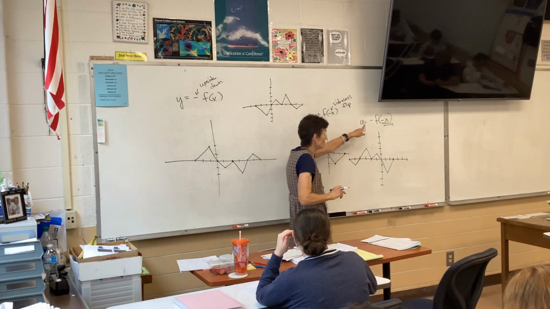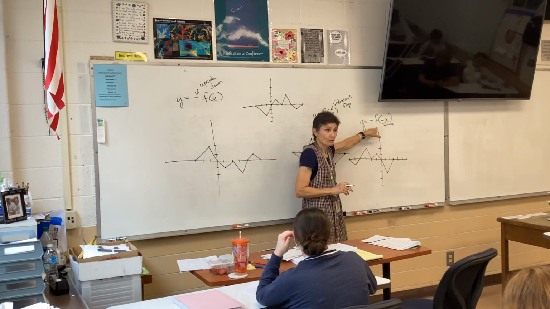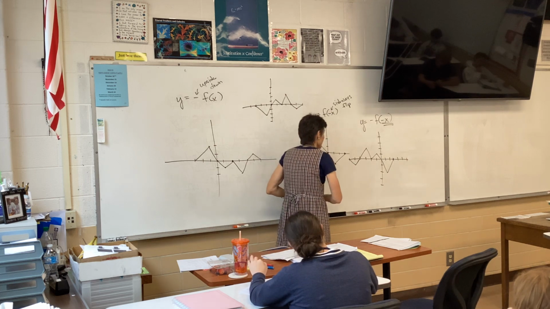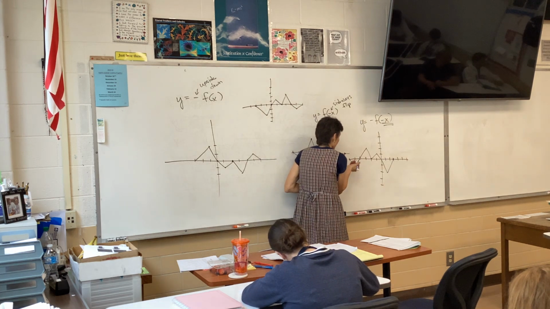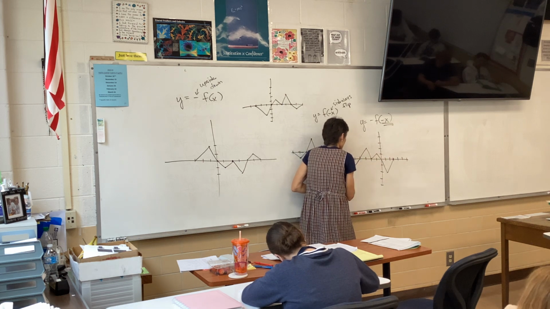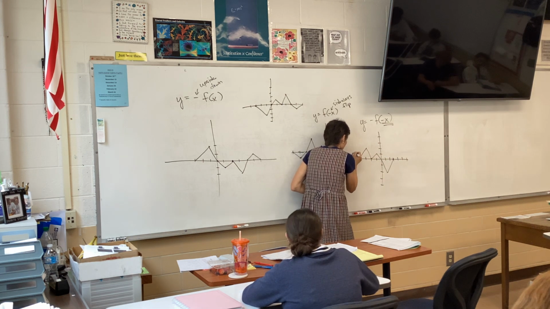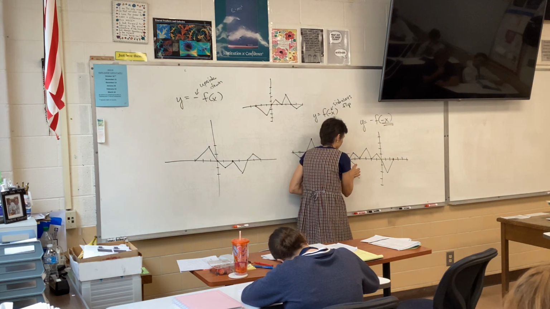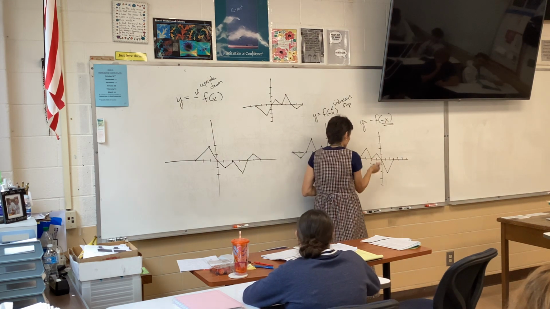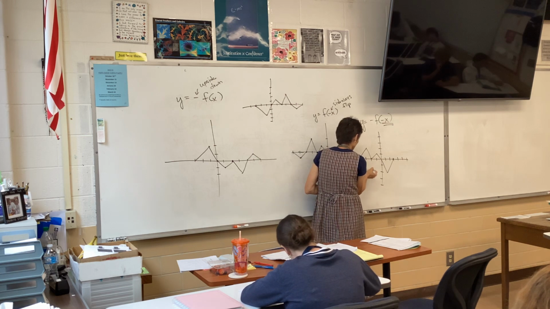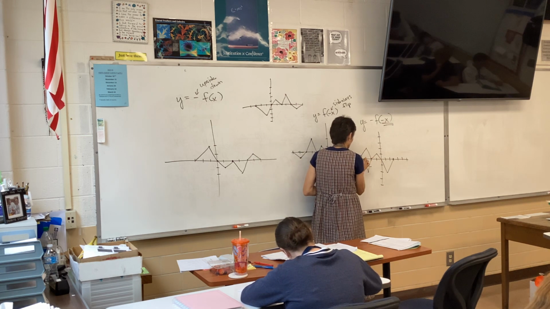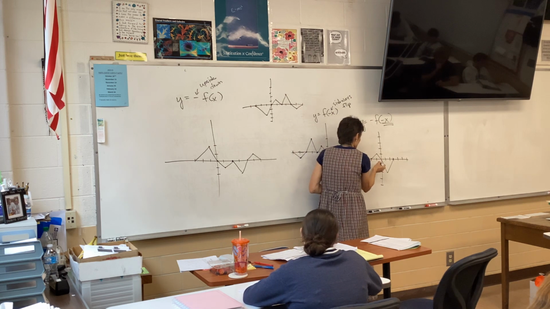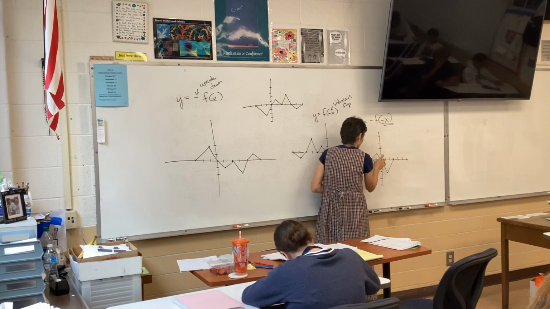Now, what do I need to do to that now? Turn it upside down. So I'm gonna go ahead and just use my colored pencil, and I'm gonna flip all these things upside down. So this little triangle will come up. This one will come down. This one will come down.